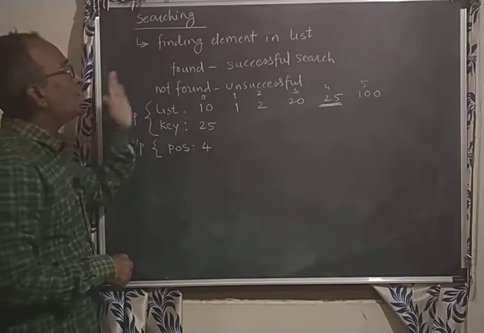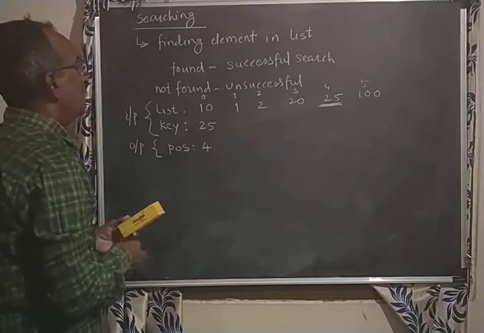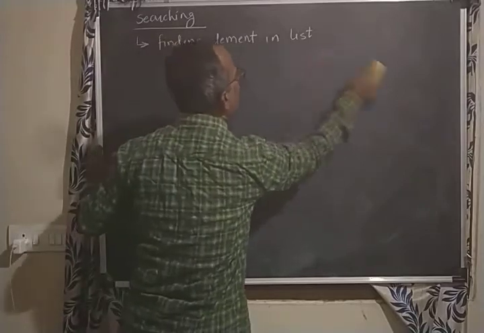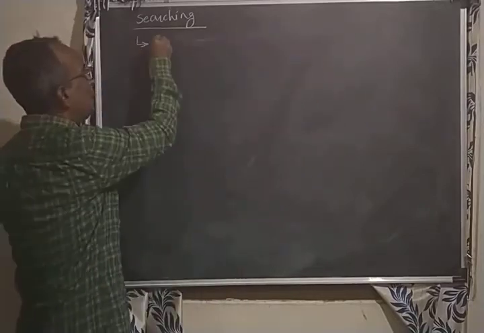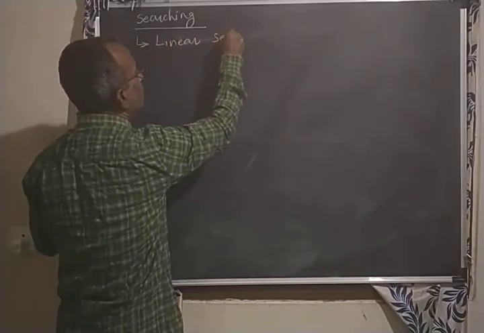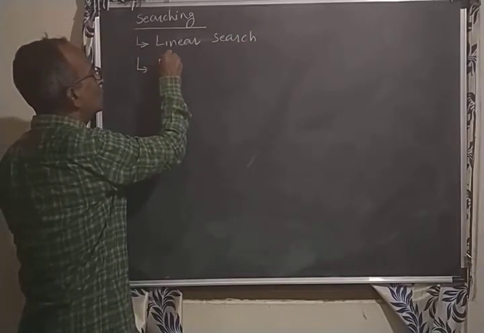Now this is the general searching we are doing in a list. Now there are two types of searching mechanisms. One is linear search and the other is binary search.